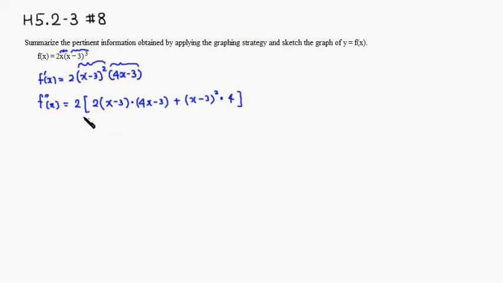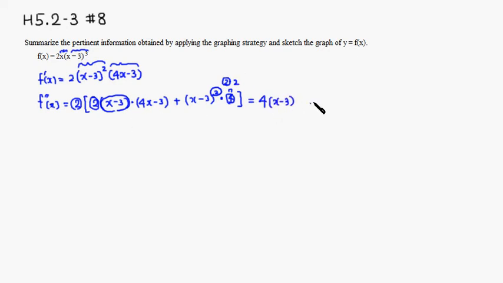So try to factor out the common factor. There's a 2 right there, and also 4 is 2 times 2, so we can factor out that 2 also. So 2 times 2 would be 4, so 4 is factored out. Then also x minus 3 here, and there are 2 of them, so factor out x minus 3.